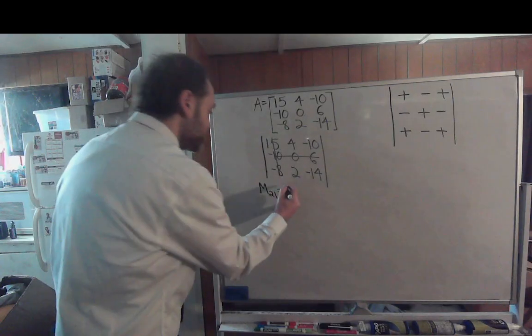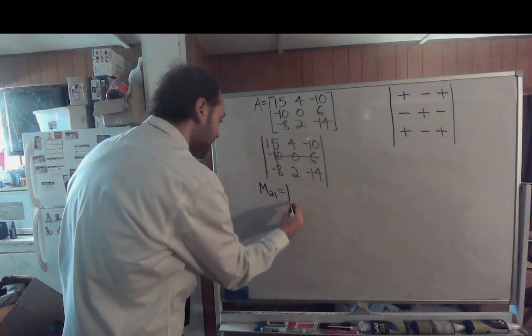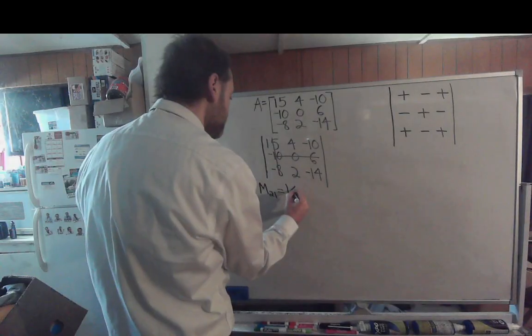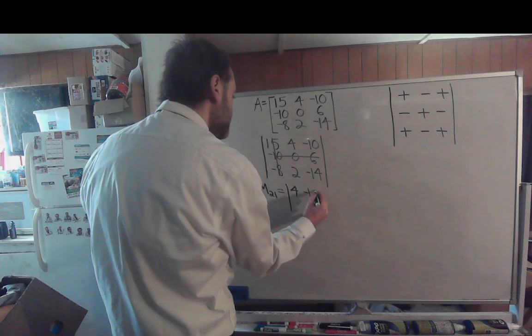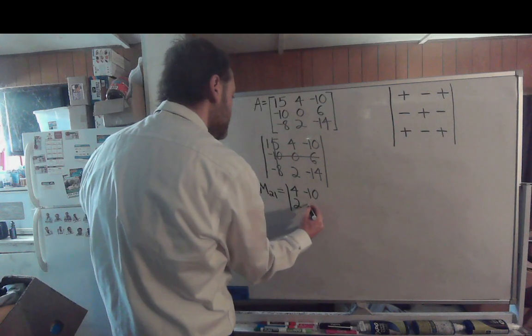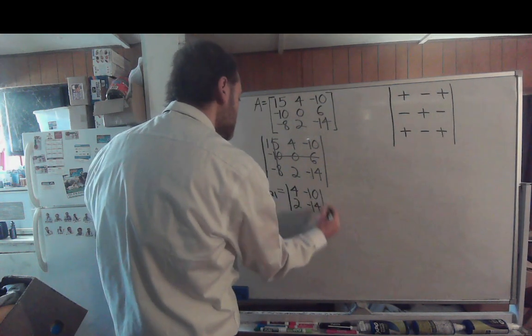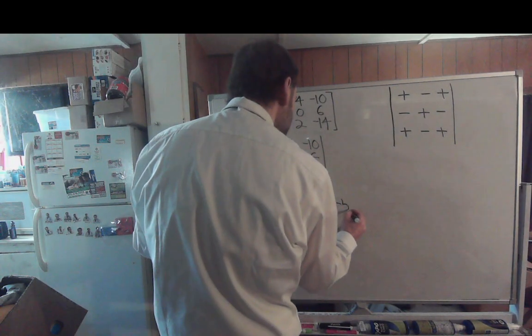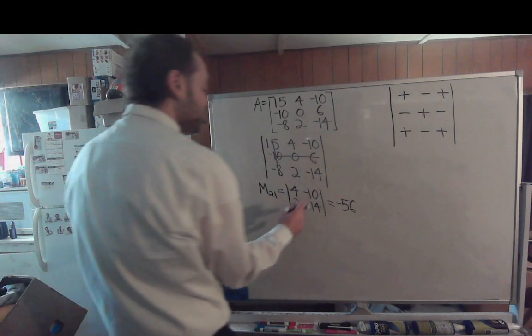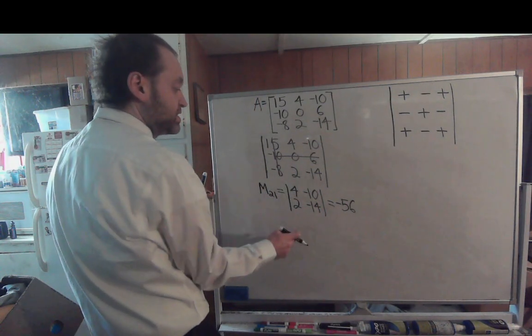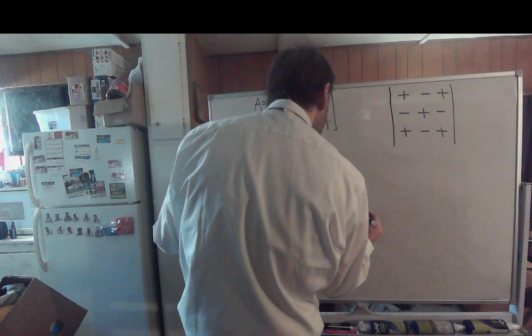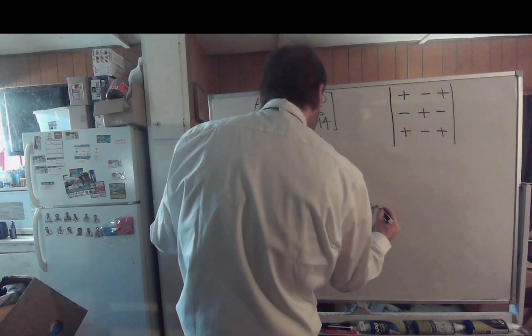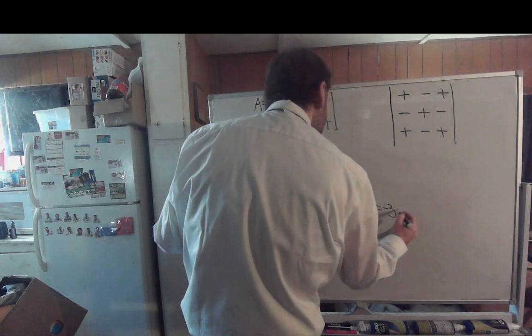For minor 2, 1, you'll just end up having the determinant of 4, negative 10, 2, and negative 14. Which 4 times negative 14 is negative 56. Negative of negative 10 times 2 would be actually positive 20. So minor 2, 1 is negative 36.